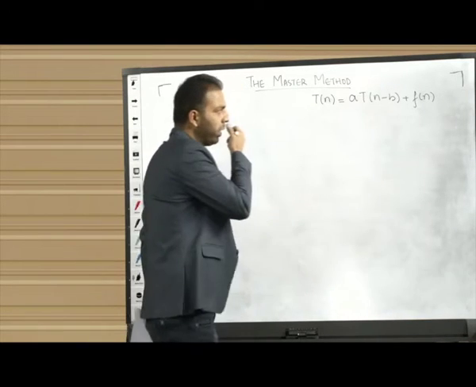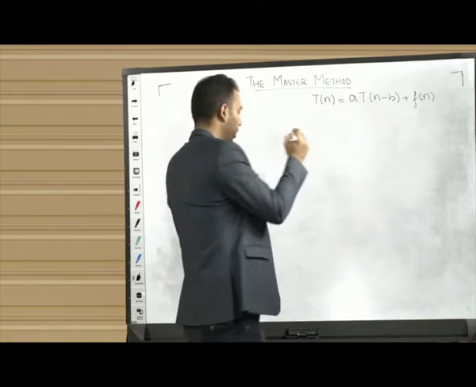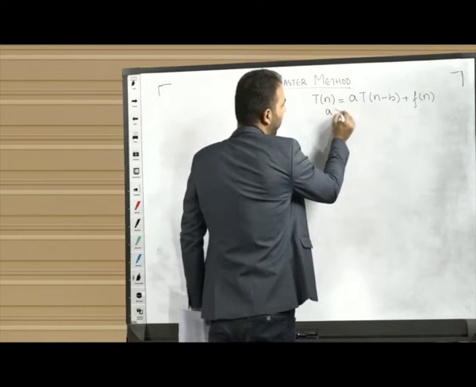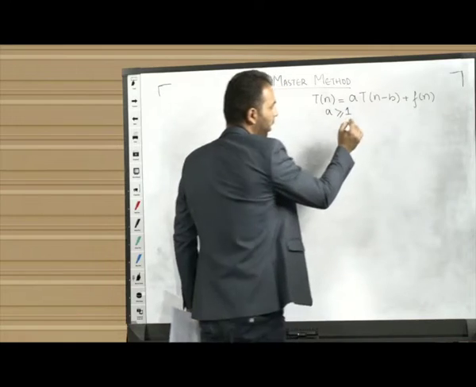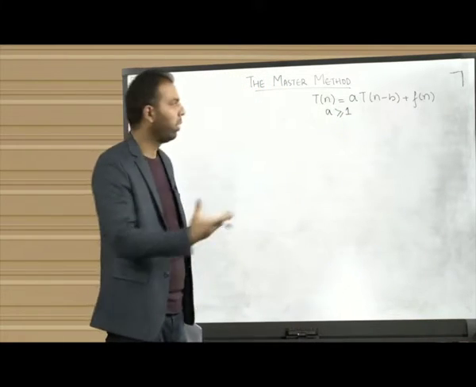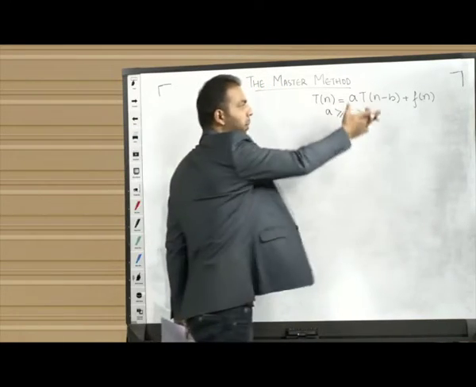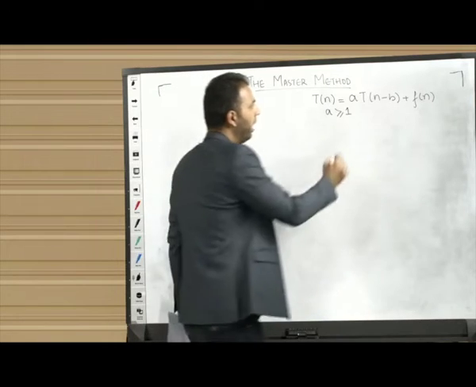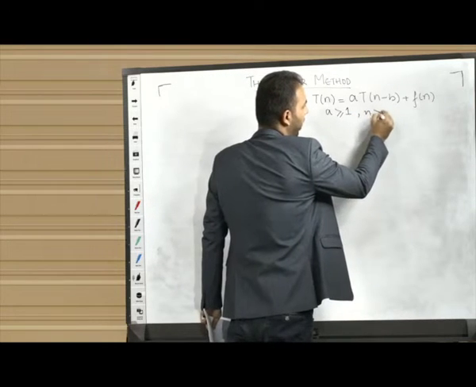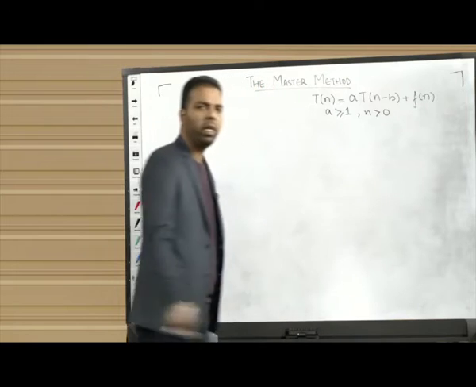Here the condition is that your a should be greater than or equal to 1. Obviously it can't be 0, because then this whole term will become 0. And your b should be greater than 0, anything greater than 0.